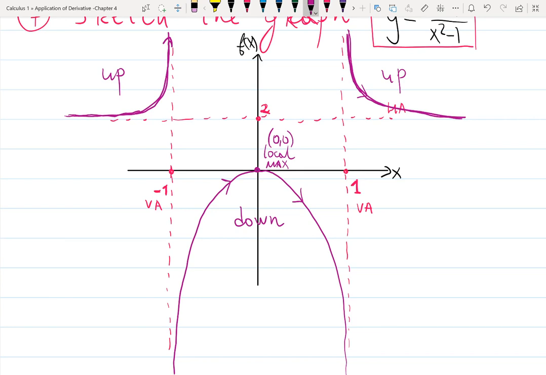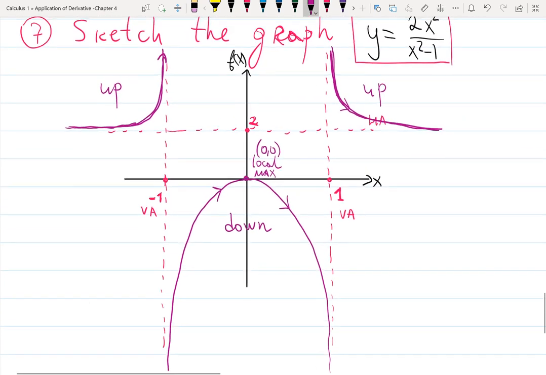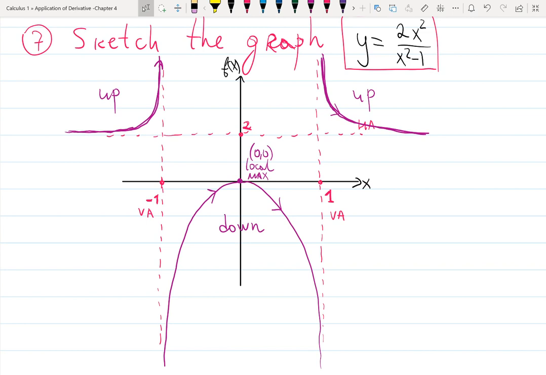So we had all the information here actually. Everything we wanted is here. No periodicity, symmetry, and everything like that. So we also say that the function is DNE here because of the vertical asymptote. The first derivative is positive because it's increasing. The second derivative is positive, concave up.